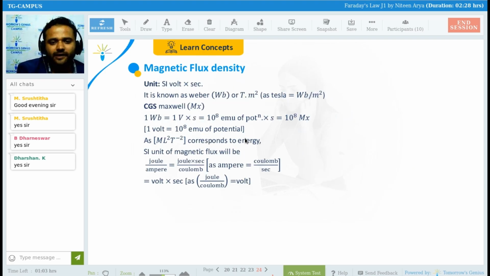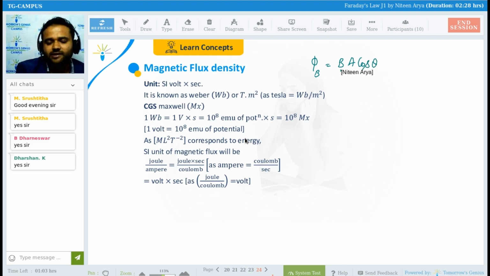Okay. So the magnetic flux unit is volt into second, the SI unit. It is known as Weber or Tesla into meter square. Why so? See, flux is B A cos theta.